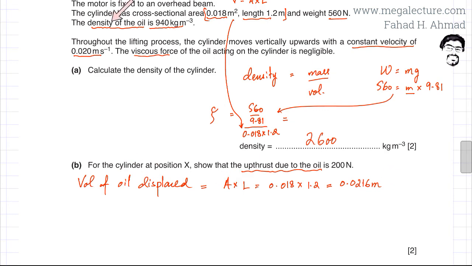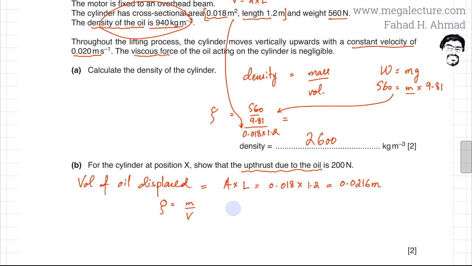The other thing that's given is the density of the oil. Remember, density is mass over volume. Using this formula, we know the density of oil, which is given as 940 kilogram per meter cubed. So that's provided.